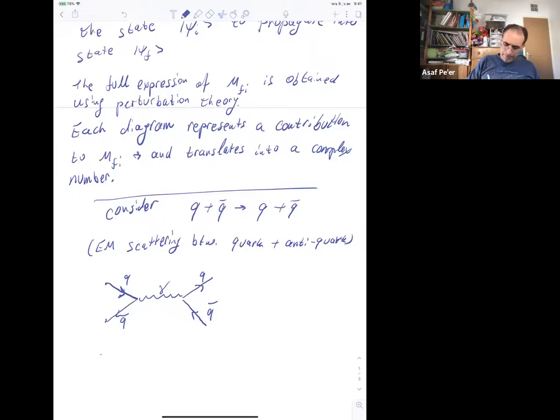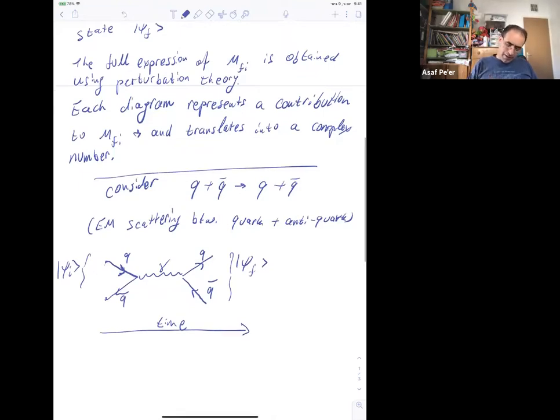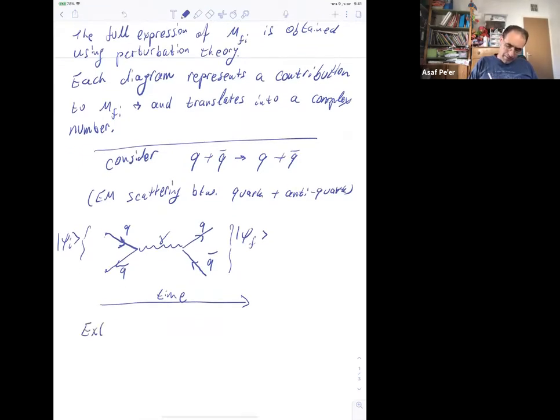Again, time flows in this direction. So this is the incoming particles, psi I. This is the outgoing particles, psi f. Right, so the external lines are the initial and final states.